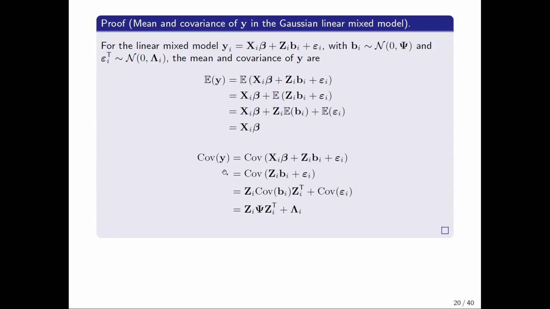For the covariance, the fixed part contributes nothing. The covariance of Z_i b_i plus epsilon_i, given the independence of the two random components, is Z_i times the covariance of b_i times Z_i transpose plus the covariance of the error term, which gives us this expression there.